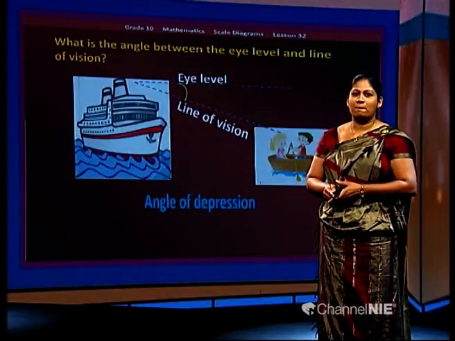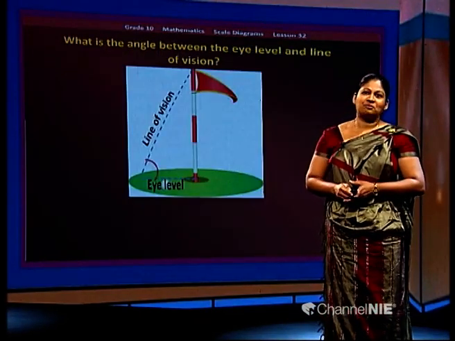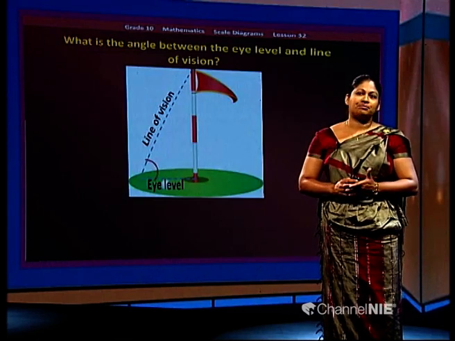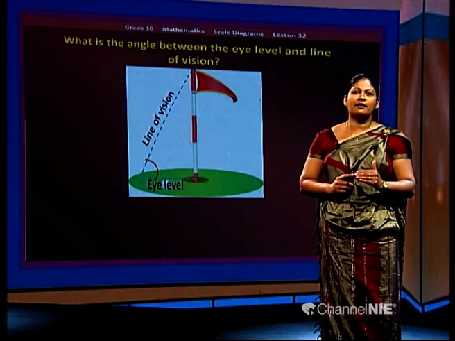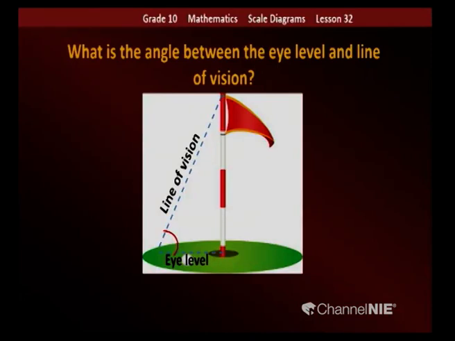Very good. Now one more. What is this angle? The angle between the eye level and the line of vision. Observe upwards. What is that angle? Yes, very good. It is angle of elevation.